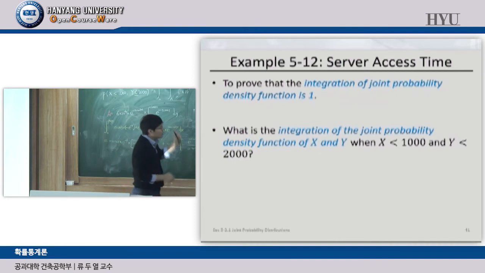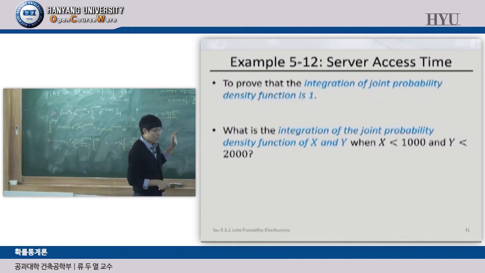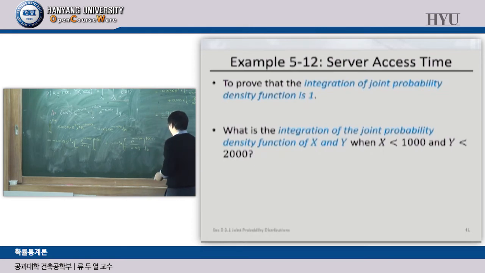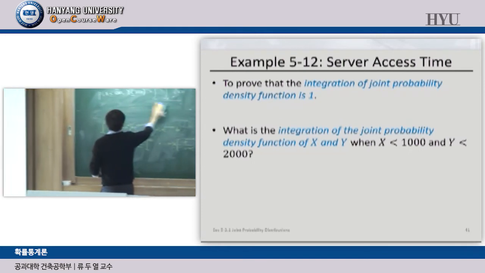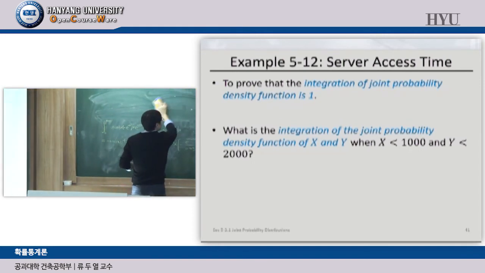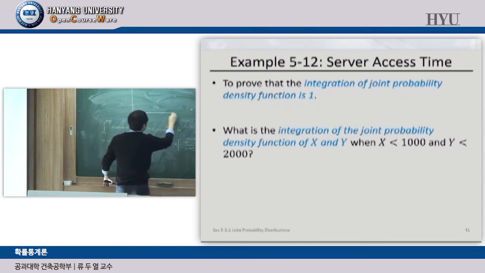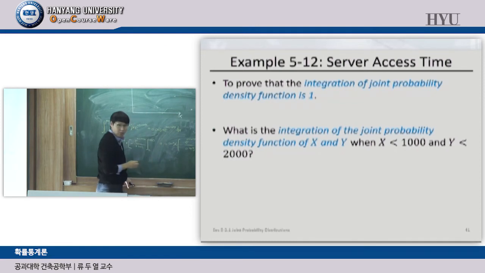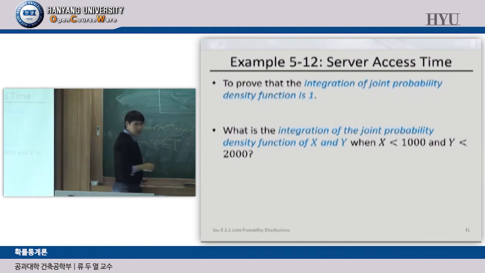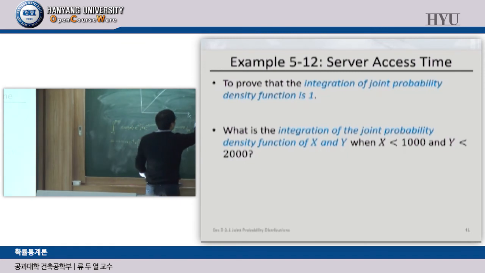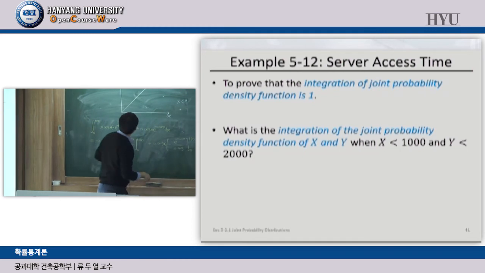And based on these calculations, we can draw the diagram. If we say that this is the random variable x, and this is the random variable y, for this case, what is y larger than x?